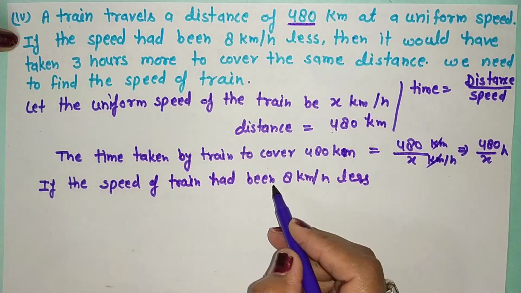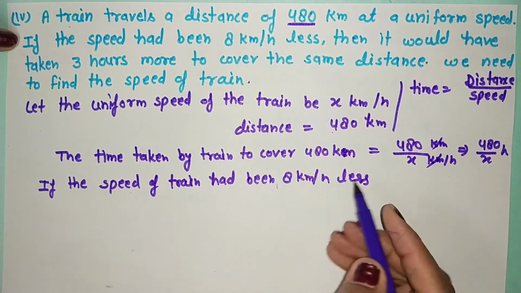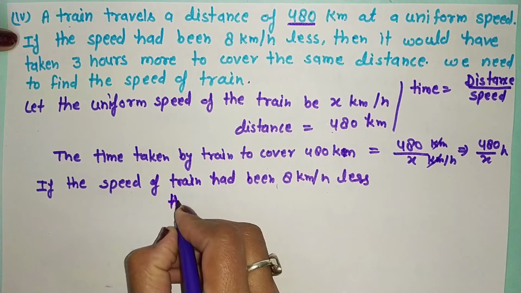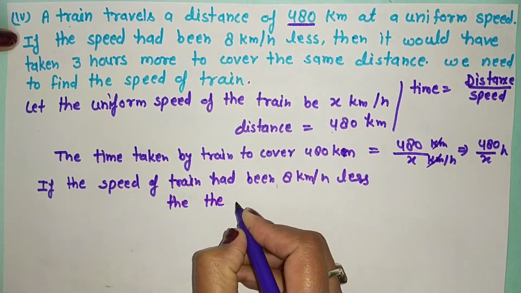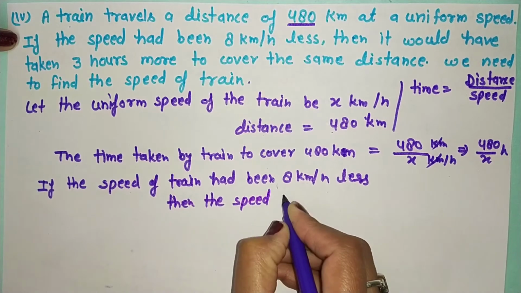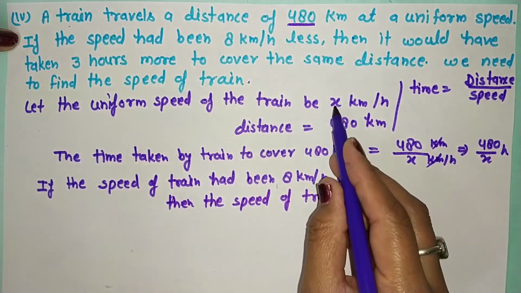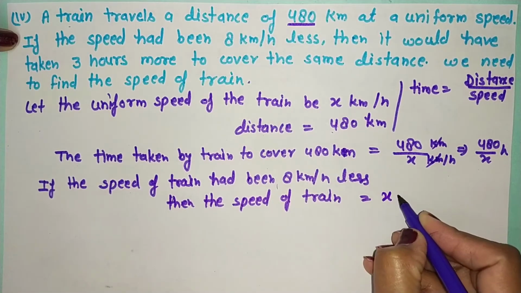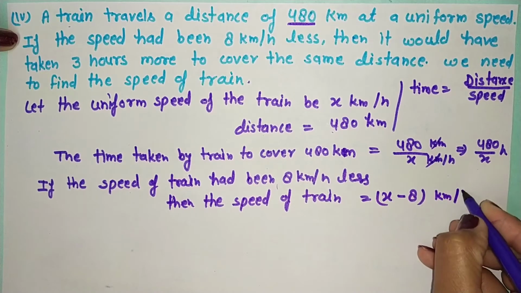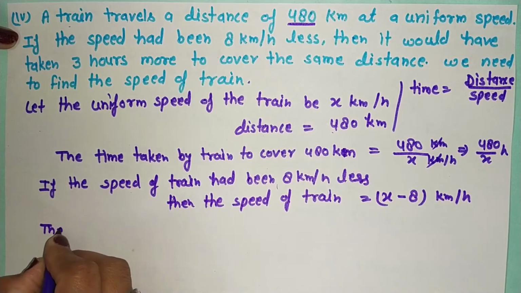If the speed had been 8 km per hour less, then the speed of the train is equal to x minus 8 kilometer per hour.